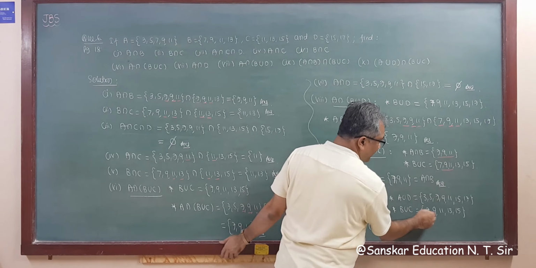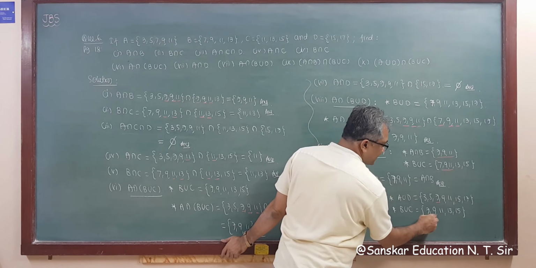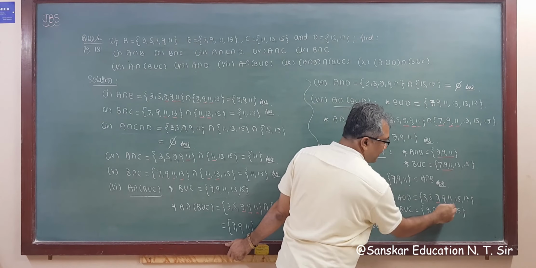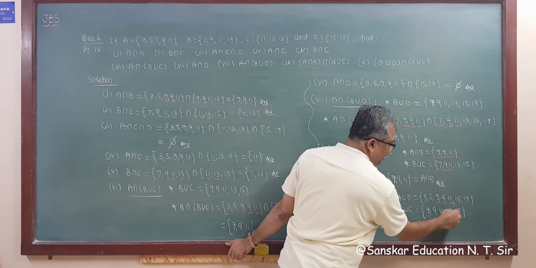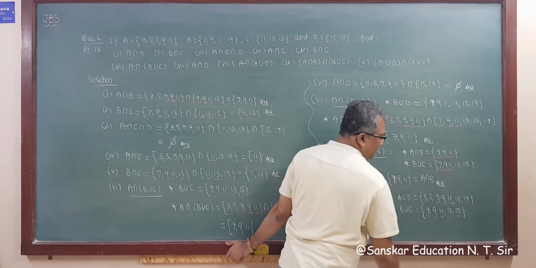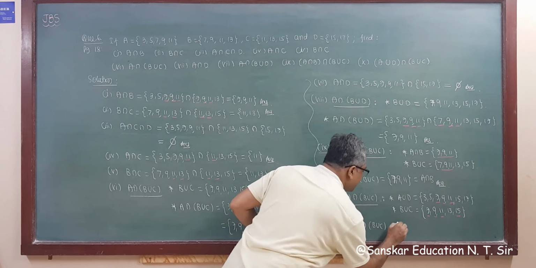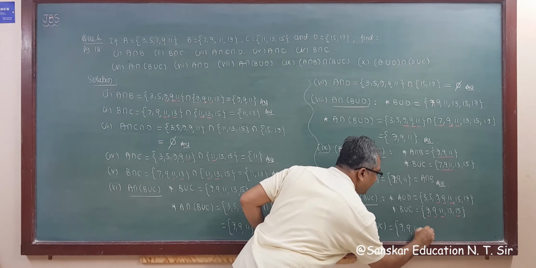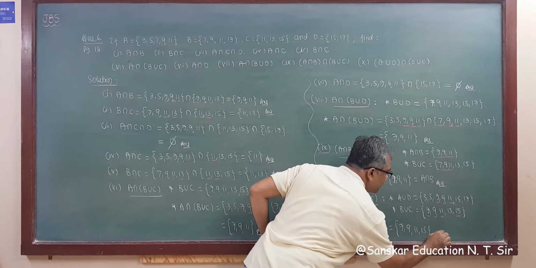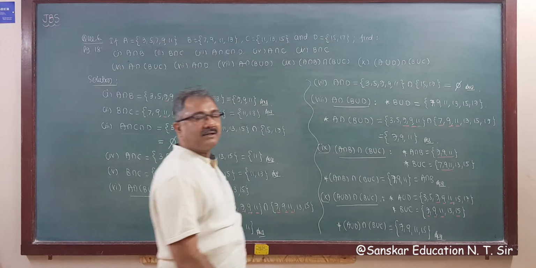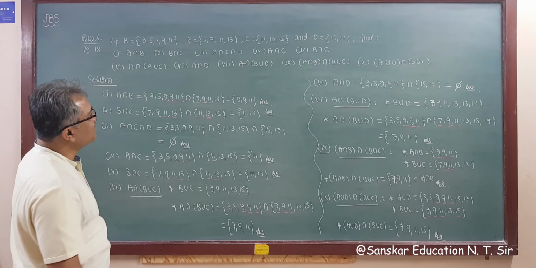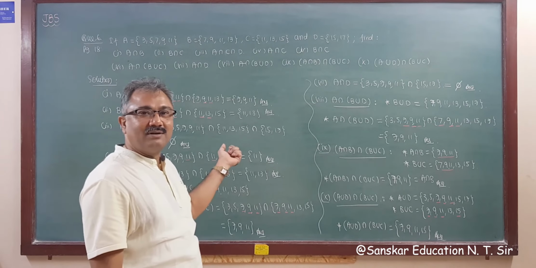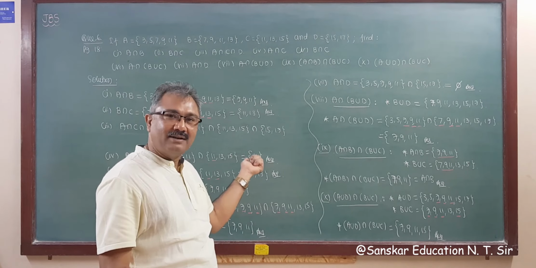So 3, no. 5, no. 7, yes, 7 is common. 9 is common, 11 is common. 13, no. 15, yes. 17, no. So the answer will be 7, 9, 11 and 15. So this is your final answer, right? These are questions for your revision of what you learned in standard 9 and 10. Okay.